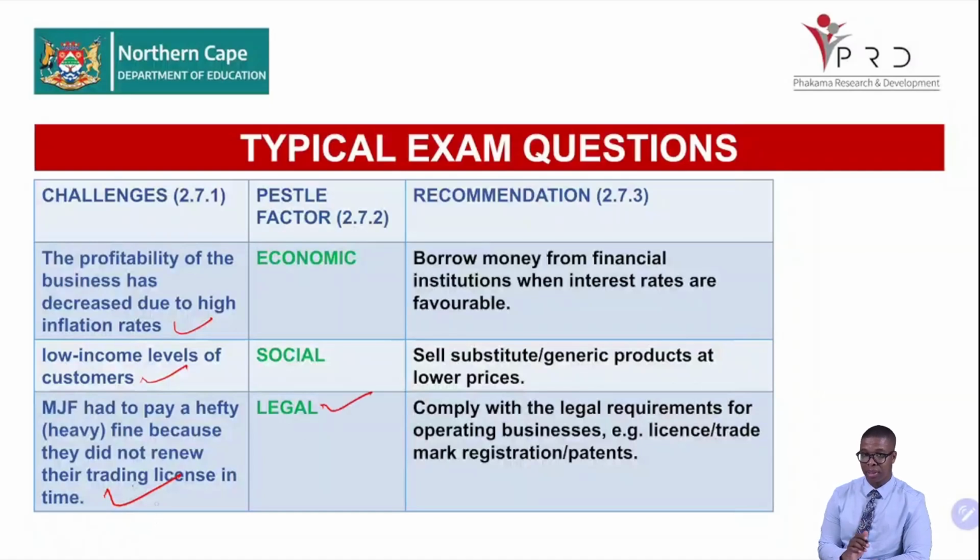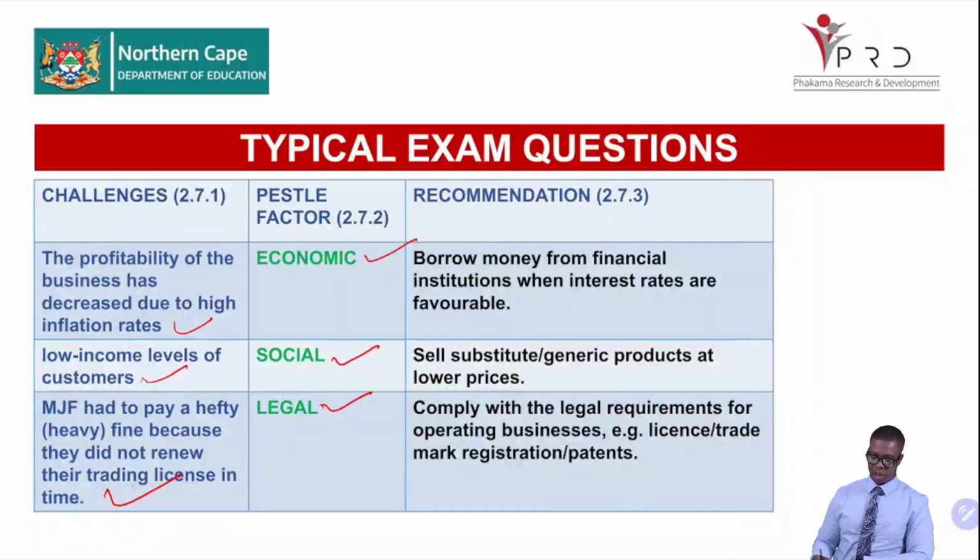It makes the business not to be legal. Then this is a social one because it's a socio-economic factor to have customers having less money to spend, and then economic factor because profitability has done what? Has decreased due to high inflation rate, meaning the general increase in the prices of goods and services caused by the economic conditions.